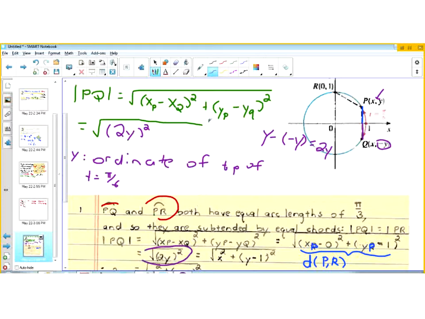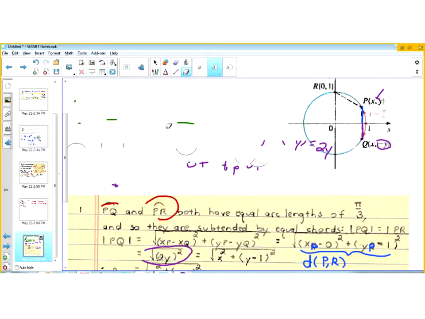Now, xp minus 0. Okay, so what is xp minus 0? Let's work on that part now. So let me erase this. Okay, so xp minus 0. Now, xp is the, what? The abscissa of p.